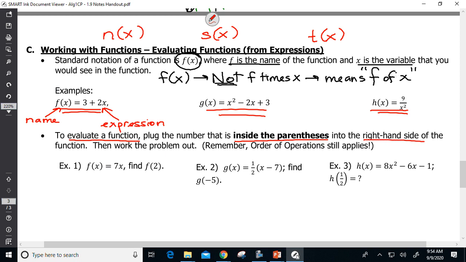And then work the problem out. Key thing, order of operations still applies. Parentheses, exponents, multiply, divide, add, subtract. Those still apply, they haven't gone anywhere.